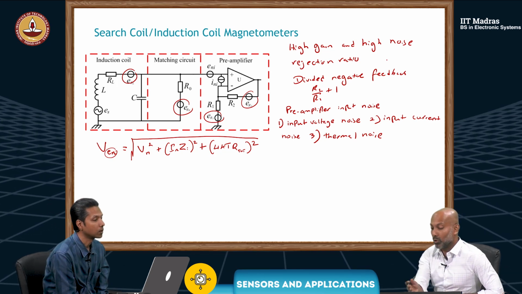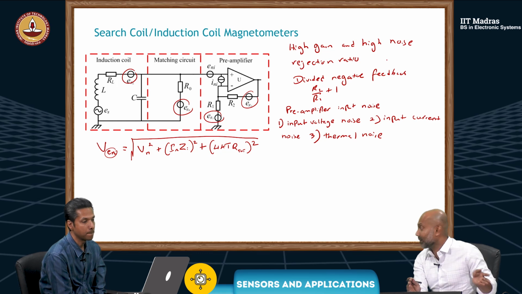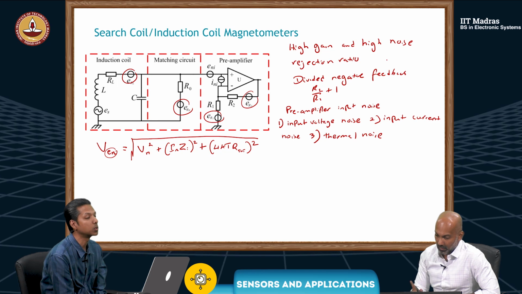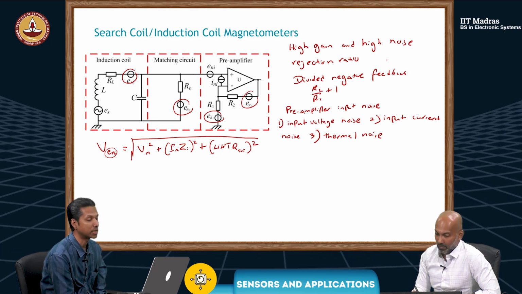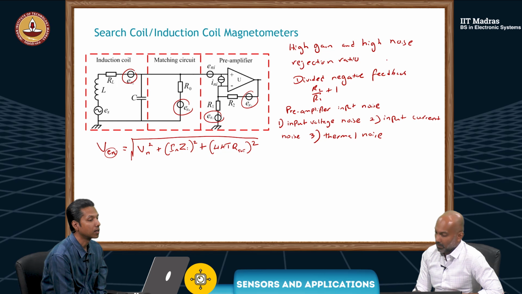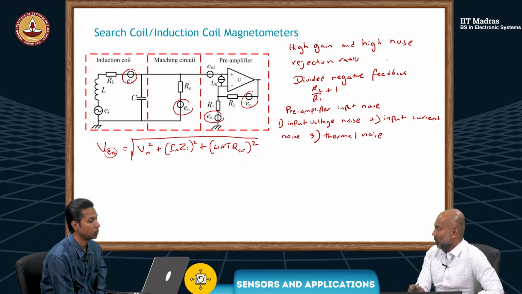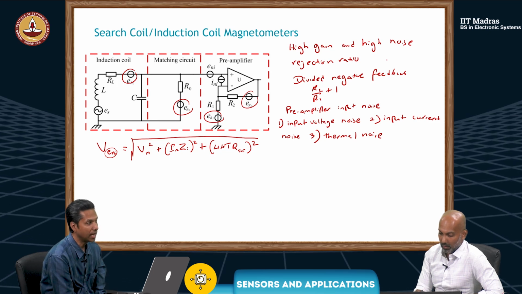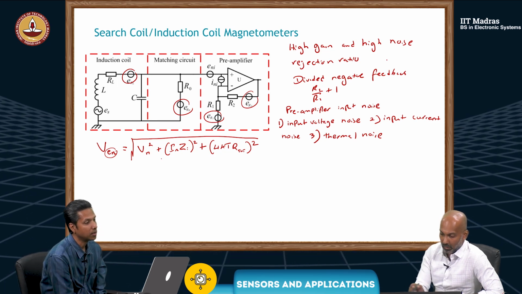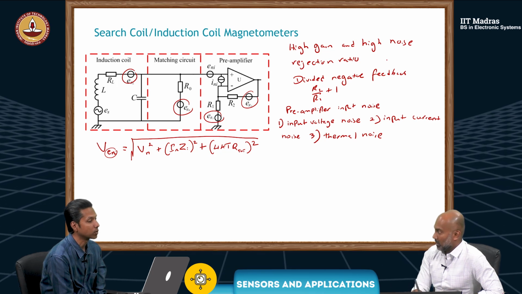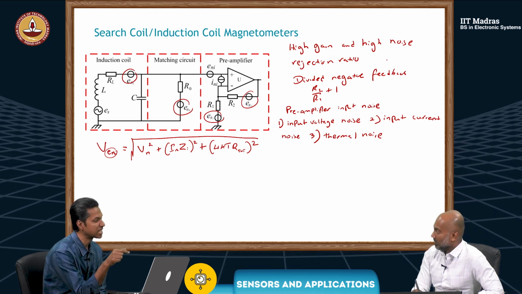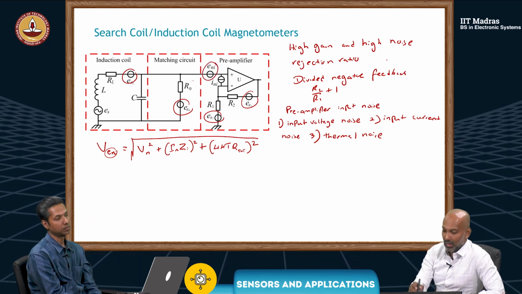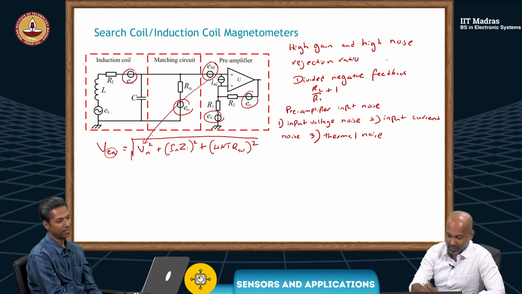Looking from this side, looking to your left, there are three components. One is due to the noise current. One is the thermal component of the resistance, and then the Vn squared, the first term, is the input voltage noise. I think that's what we have shown as ENI here, to the amplifier.